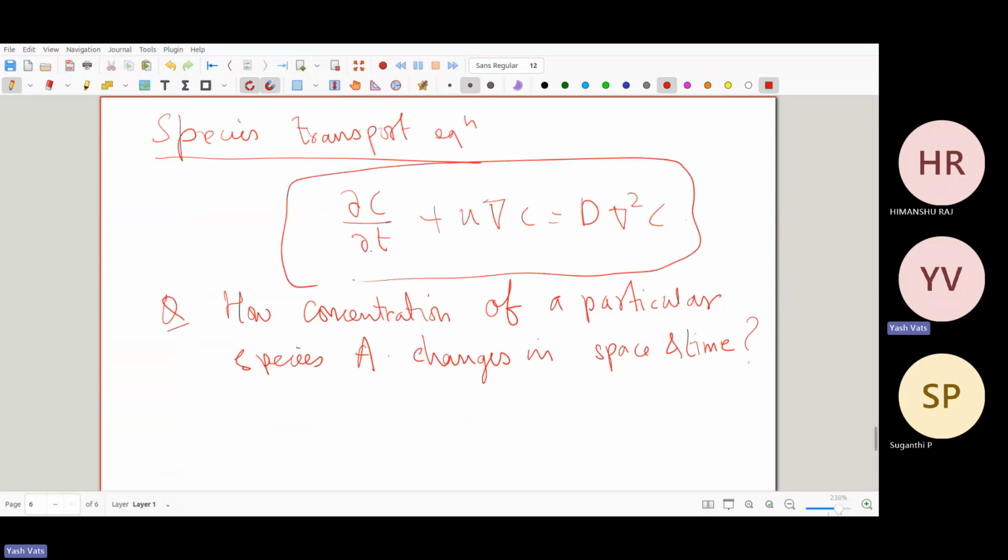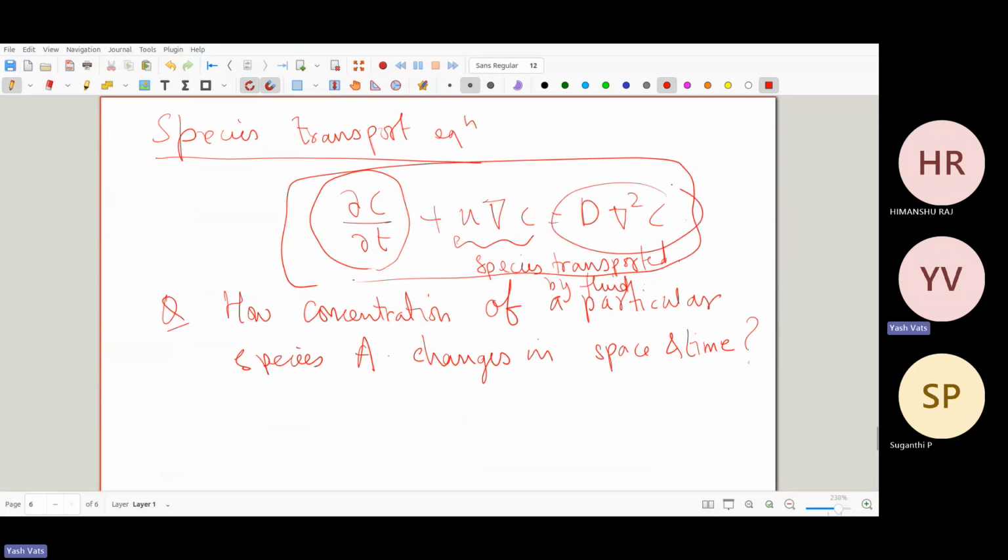If you see here, there are two types of effects. This is the change in concentration over time. This U gradient C is the species transported by the bulk fluid. So let's write: species transported by fluid.